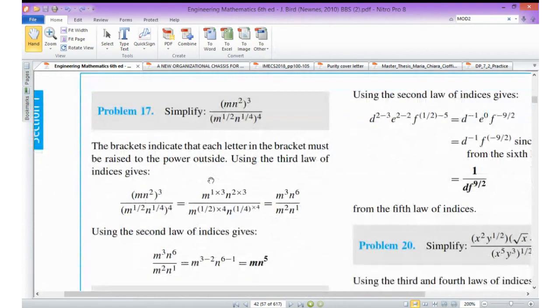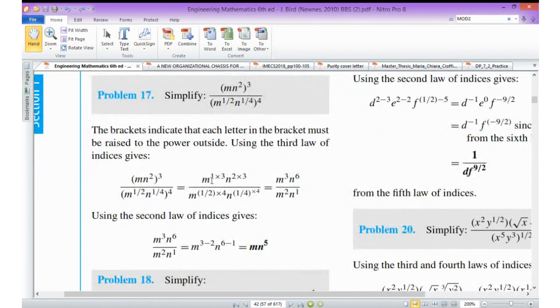So problem 17 presents a different view, the concept of expansion of powers. If you look at that, you've been given a simplification to tackle.